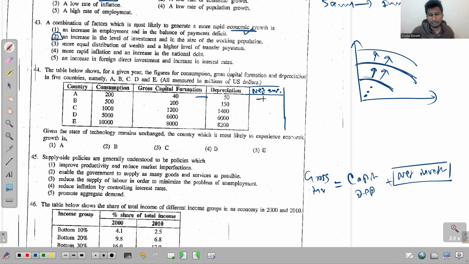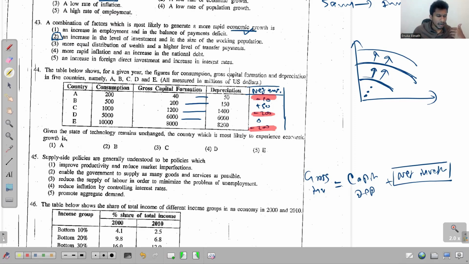From this you get minus 10. From this you get plus 50. From this you get minus 200. From this you get 0. And from this one you get minus 200. So see what has happened. In country A, country C, and country E, the amount of capital resources has really decreased.